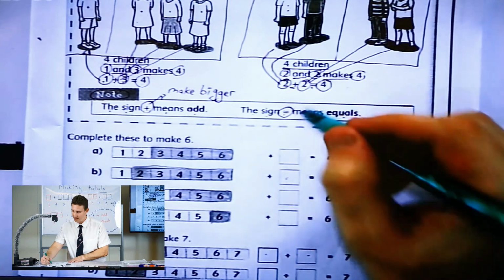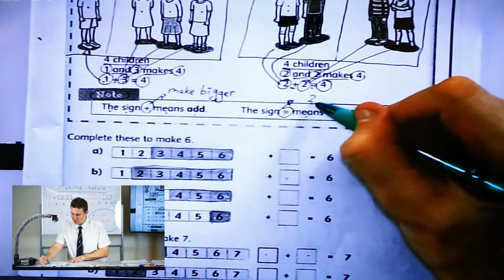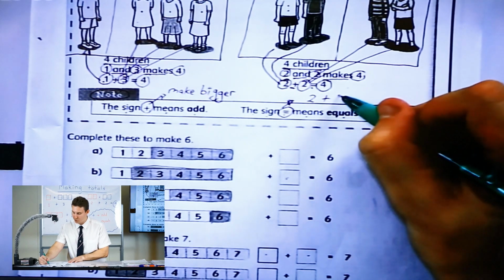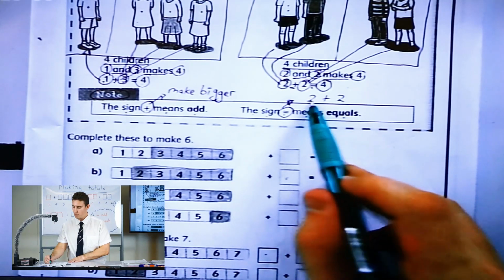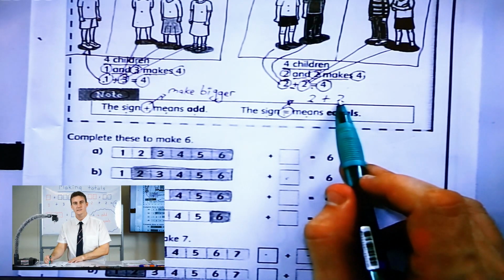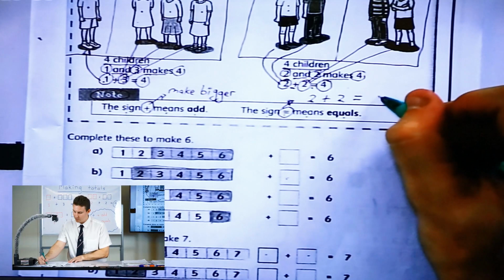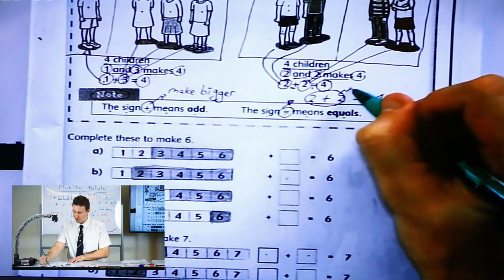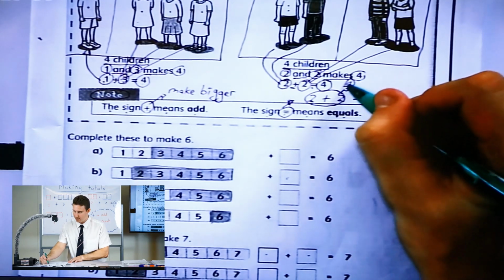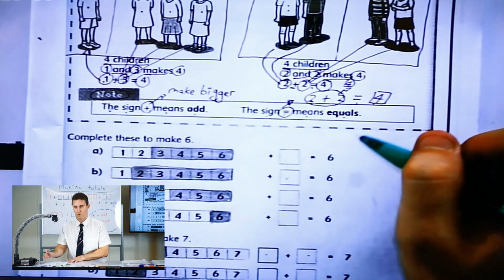An example here could be 2 plus 2. And what is 2 plus 2? 2 plus 2 is how many? 4. So we write equals 4, because this is 4 here and equals to the other side 4. Okay.